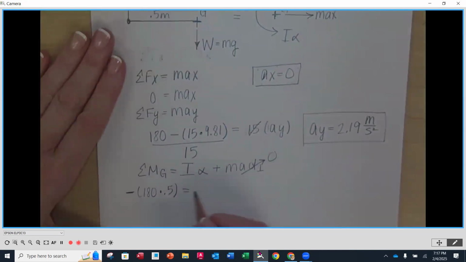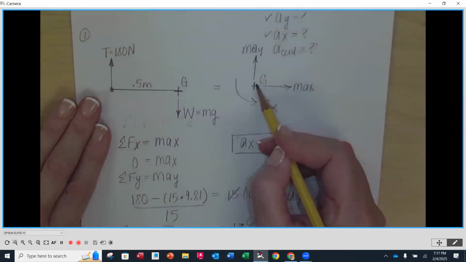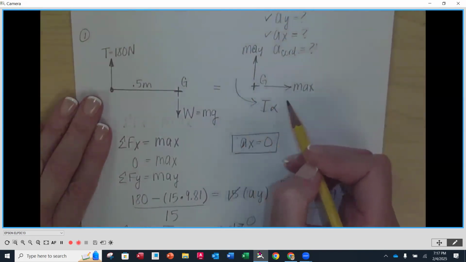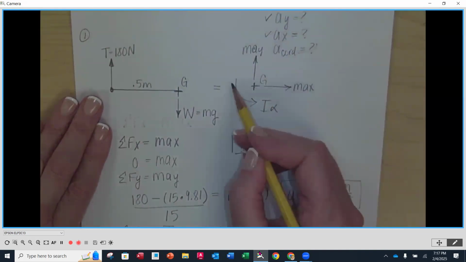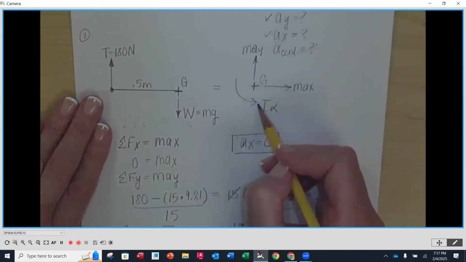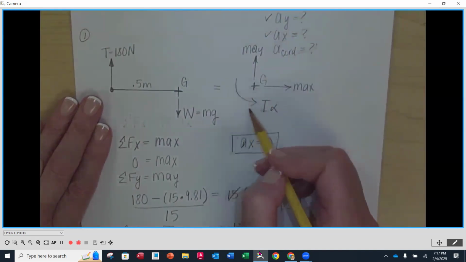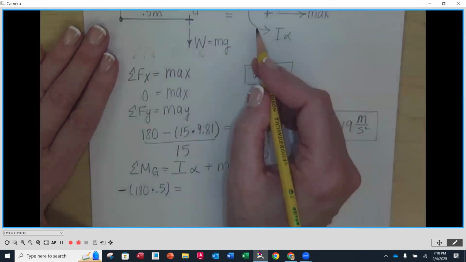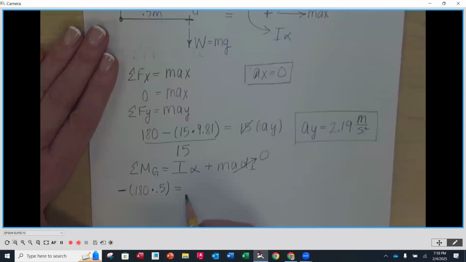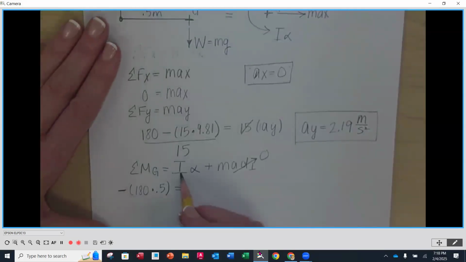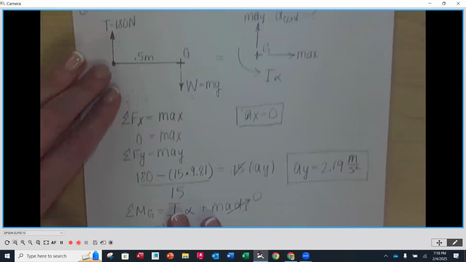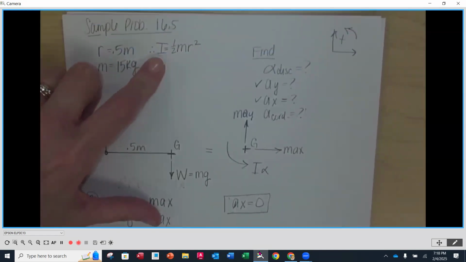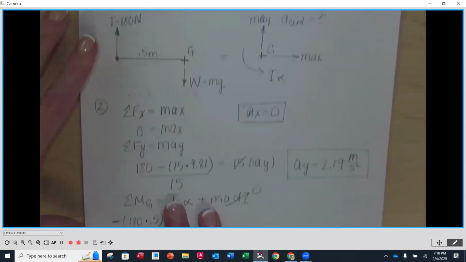It's going to be equal to, now again, we're rotating around G. The direction that we assumed, the direction that the book assumed, I'm taking the same direction that they did, is going to be in a clockwise direction. So this is going to be positive on the right-hand side, so we don't have to put a negative in front. But now we have to put our moment of inertia. We know that that moment of inertia is 1/2 mr squared.